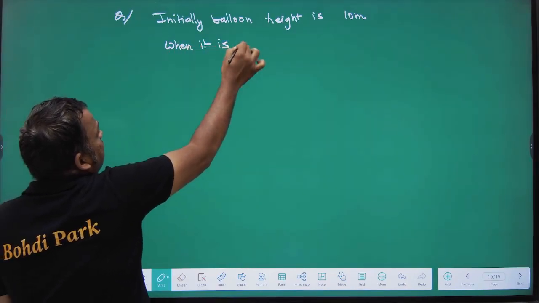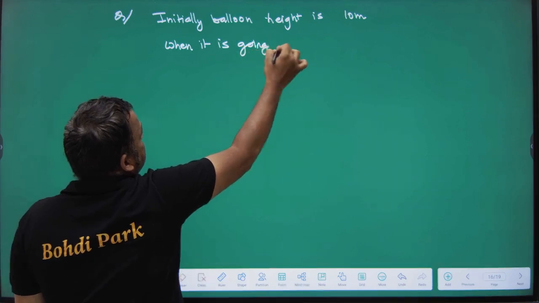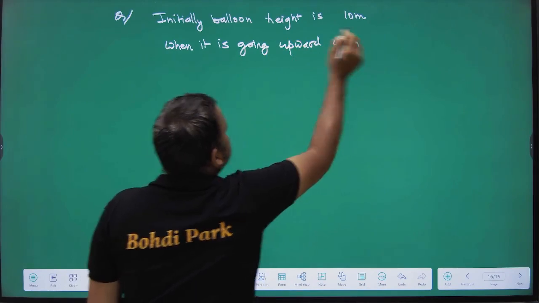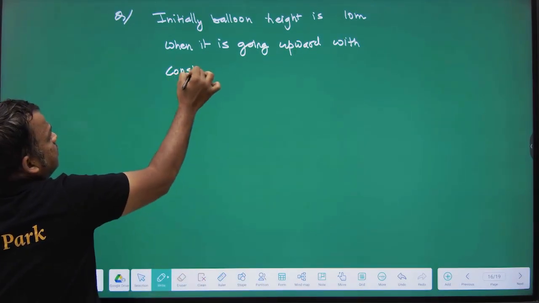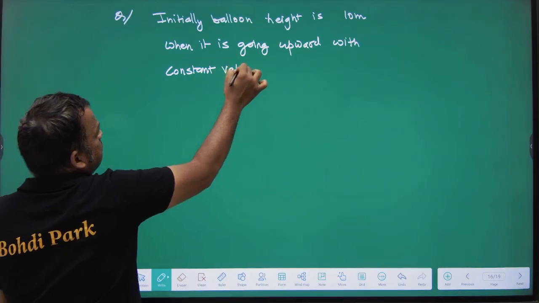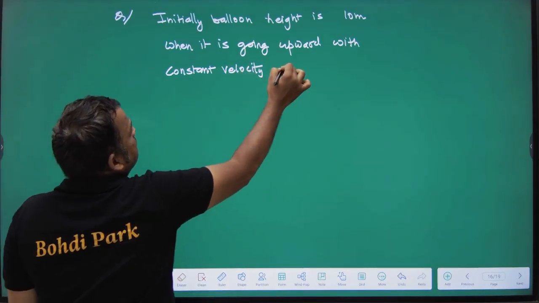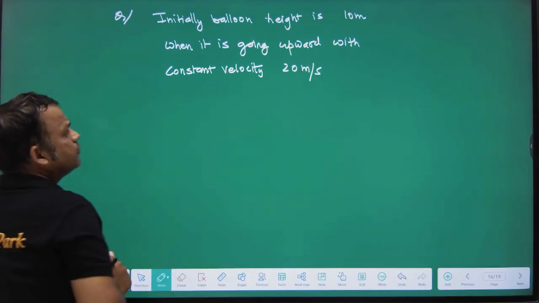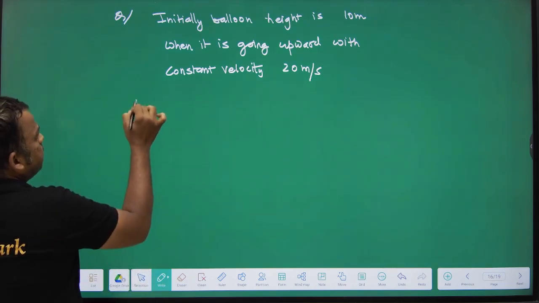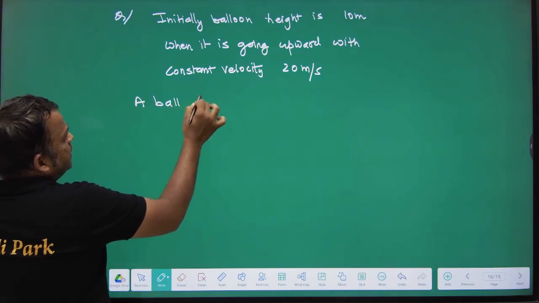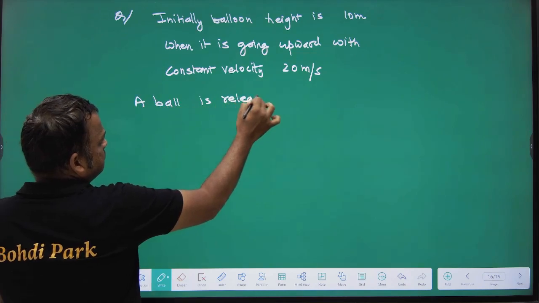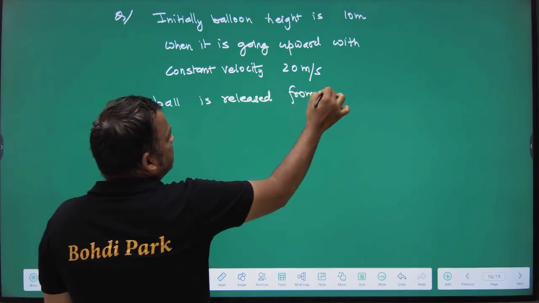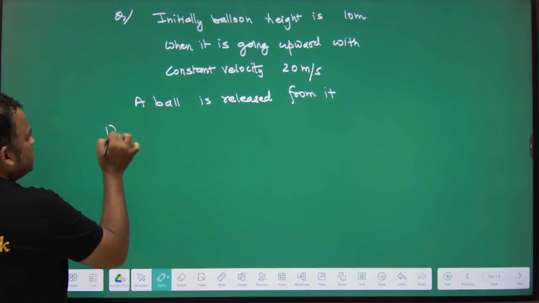When it is going upward with constant velocity, say 20 meter per second, a ball is released from it.